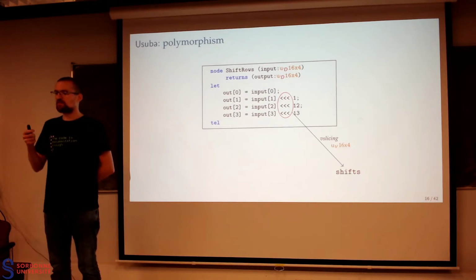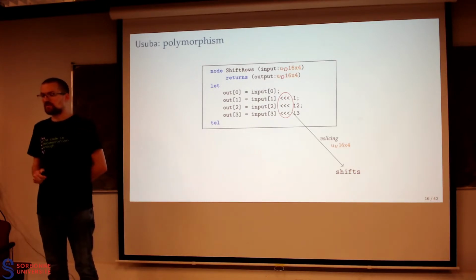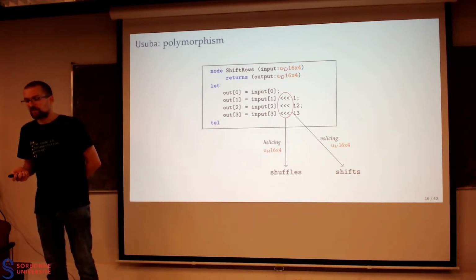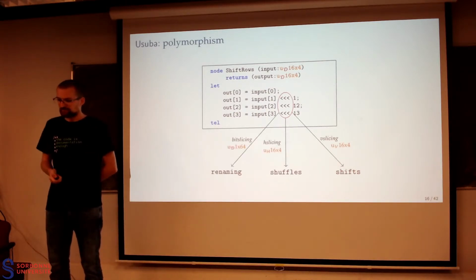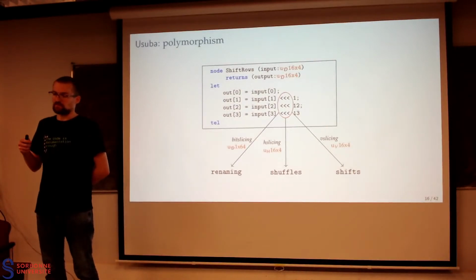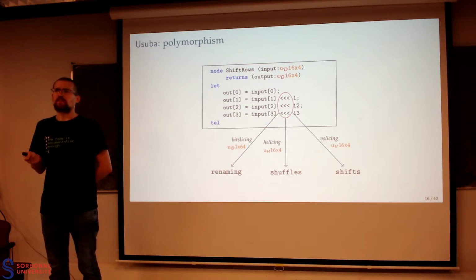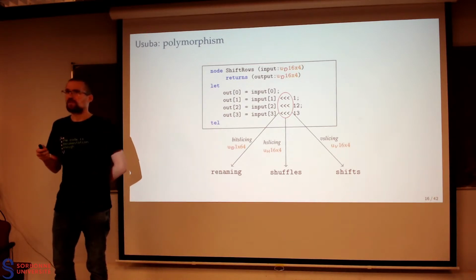So if you specialize your node for vertical slicing, the rotations are compiled to shifts. If you specialize it for horizontal slicing, the rotations are compiled to shuffles. And if you want to bit slice your node, well, this time the direction is unimportant, because since you have only 1 bit in each register, vertical and horizontal slicing are the same.